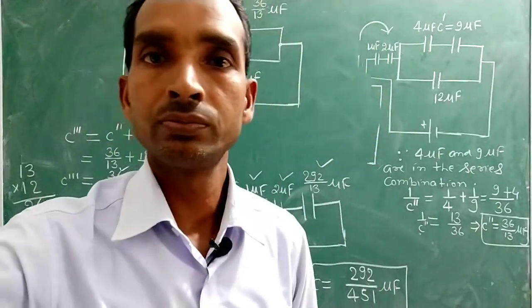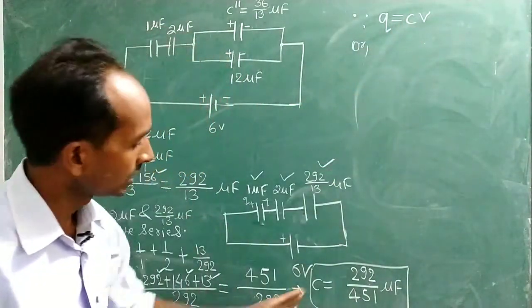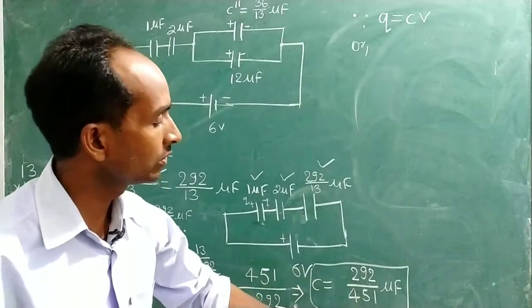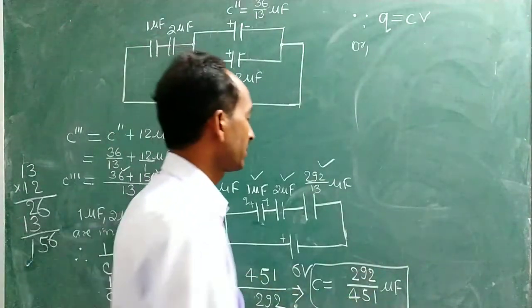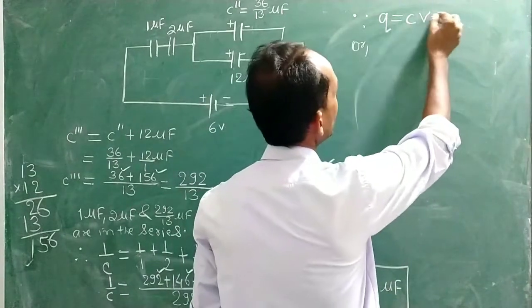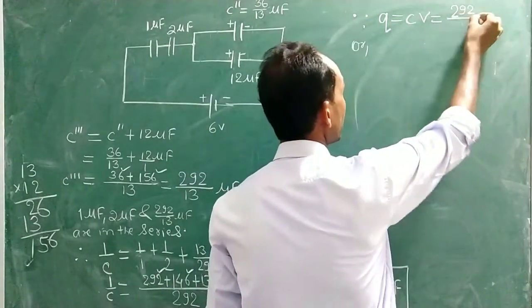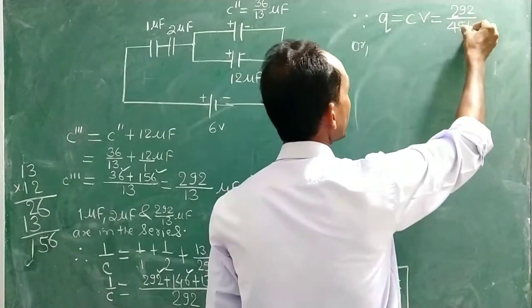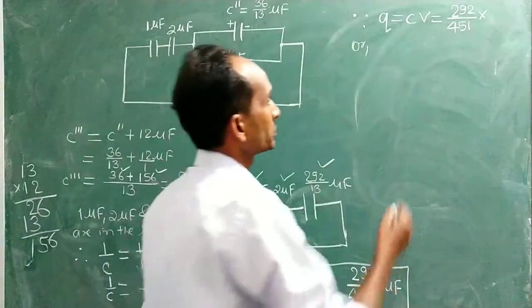Since Q equal to CV, here we have the value of C, which is equal to 192 divided by 451, into the potential of the cell, 6 volt.